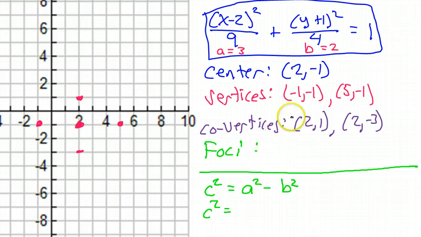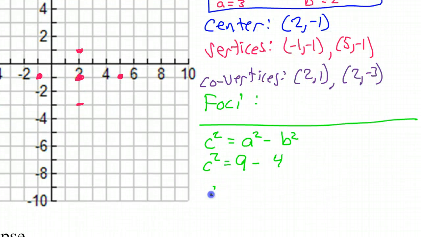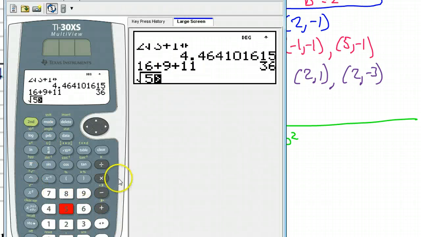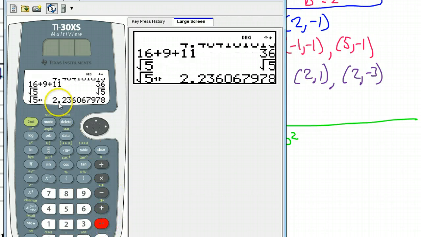That means C squared is equal to 9 minus 4. Okay, that means C squared is equal to 5. Alright, which means that C is equal to the square root of 5. Okay, which is approximately 2.2.